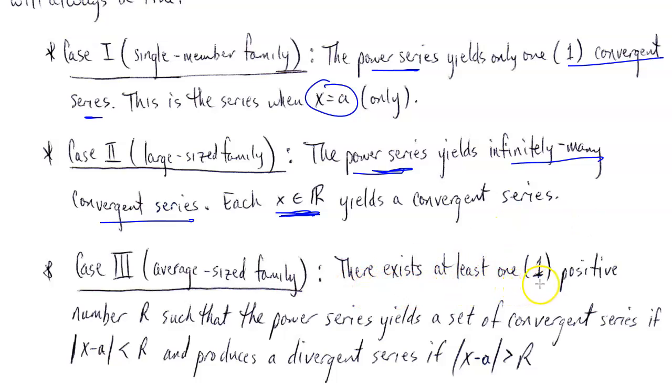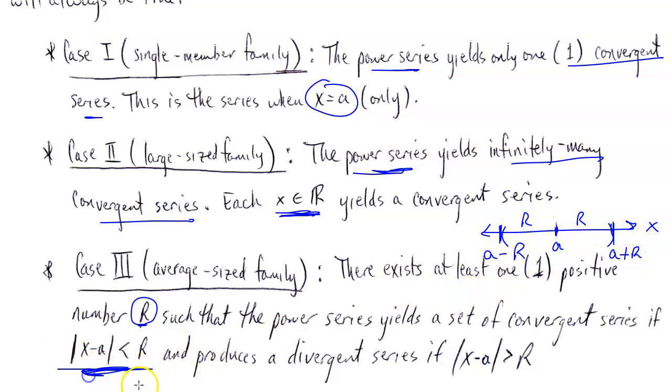So there exists at least one positive number r, and remember this r stands for radius of convergence, such that the power series yields a set of convergent series if the absolute value of x minus a is less than r. That's just a fancy way of saying that if we have our interval centered at a, we can go out in this direction r units and go out in this direction r units. Here, this would be a minus r, and here, this would be a plus r, and of course we're looking at this in terms of x values.